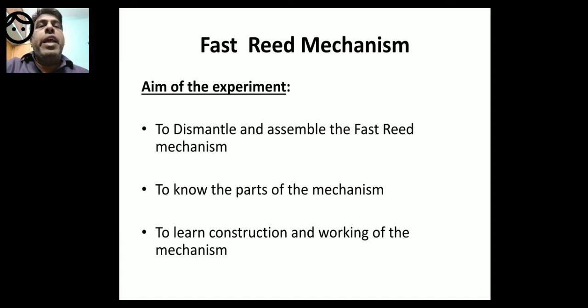These are second in importance to the primary mechanisms, and without these also the machine cannot run, and they are essential but secondary in importance. And auxiliary mechanisms are the mechanisms which are helpful or useful for producing good quality of fabrics.